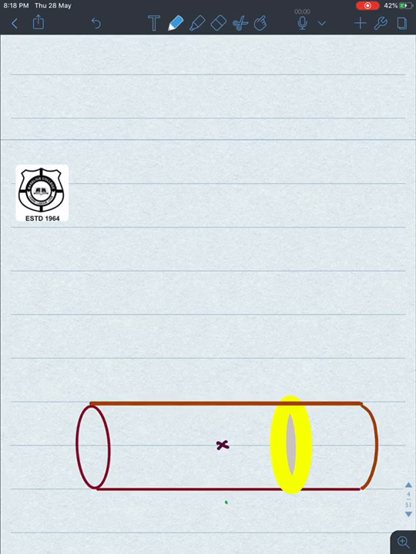Now we can imagine the cylinder to be divided into a large number of circular discs. One circular disc I have shown here, the yellow one, with the plane at right angles to the length of the cylinder.